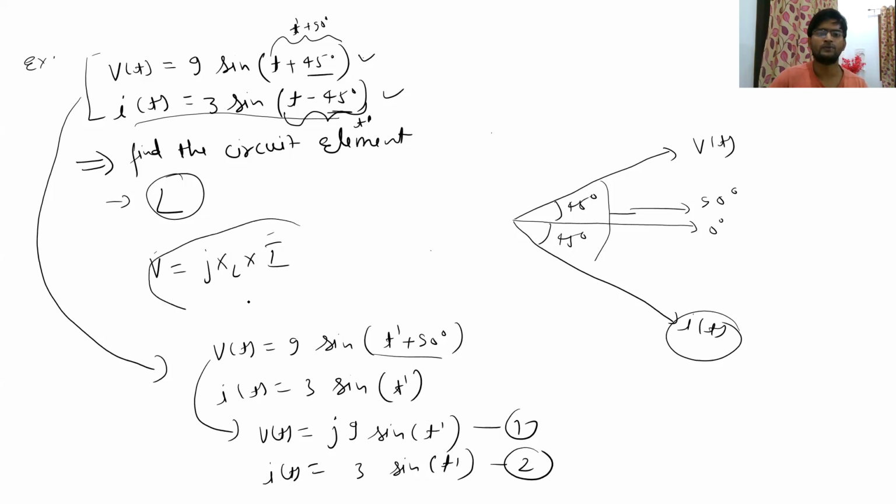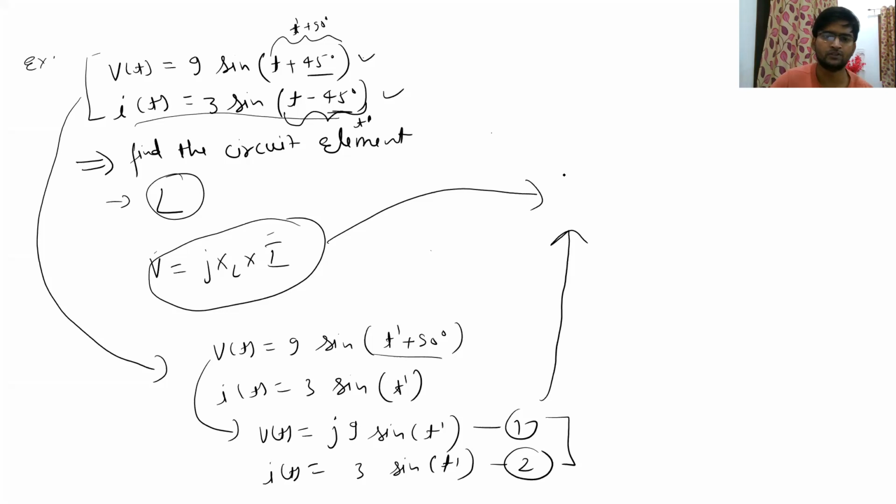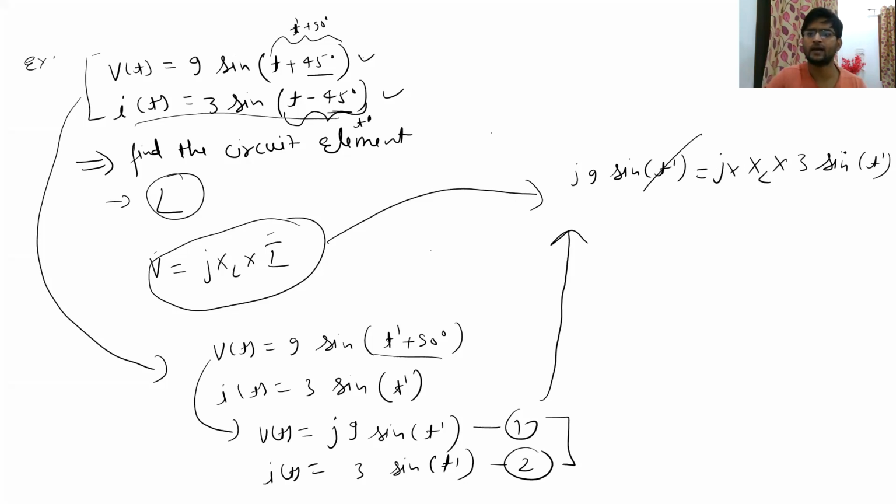Now if we put these two equations in this equation, we get j9 sine t dash is equal to j into XL into, what is I? 3 sine t dash, right? So what will we have? This sine t dash cancels out, this j will also cancel out, and this 3 will cancel 3 by 3.